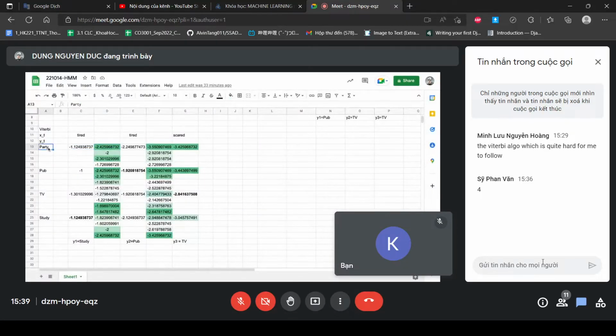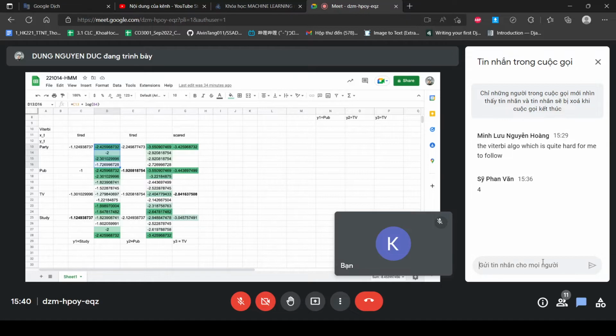Yt minus 1 can be party, pop, TV, or study. There are four possible states of yt minus 1. So for yt, in order to go to yt equal party, there are four chains. One comes from party, the other from pop, the other from TV, and this one from study. So this is for the transition from party to party, pop to party, TV to party.